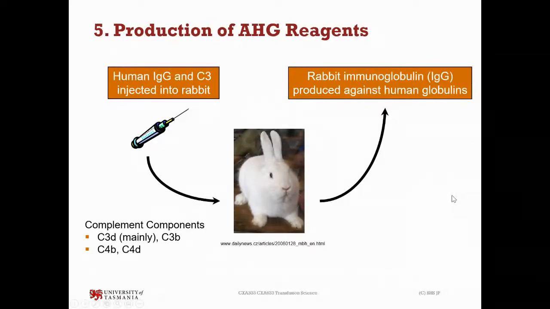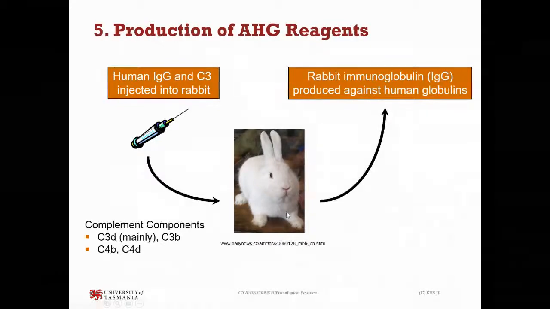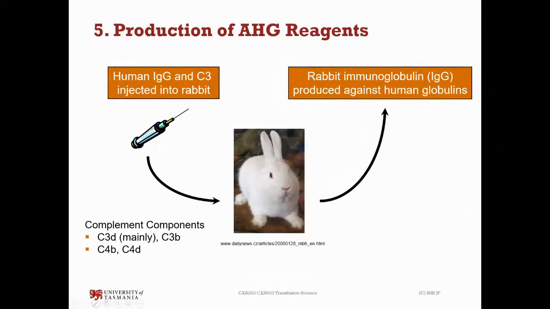Okay, so now we're going to go on and have a look at how we produce our AHG reagents. As I said before, we usually use another mammal, and you can see here that rabbits are used. Depending on what we're trying to achieve has an effect on how we actually make our reagents. Very broadly, we put a foreign protein into non-human mammals.